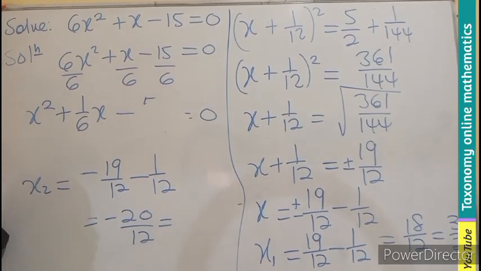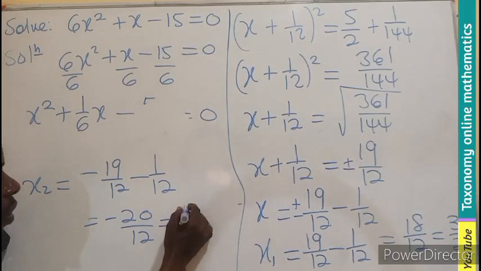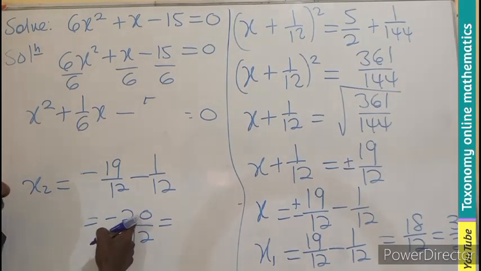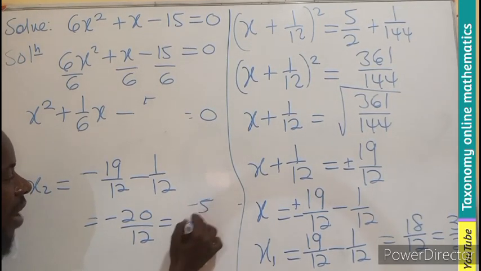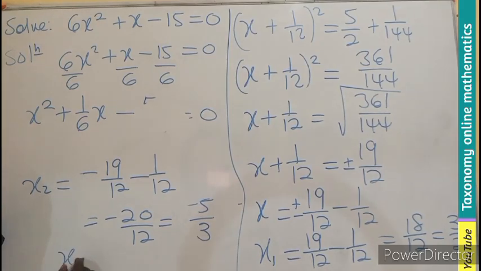And we have a common factor of 4. 4 goes into 20, 5, and 4 goes into 12, 3. So x is either minus 5 on 3, or 3 on 2.